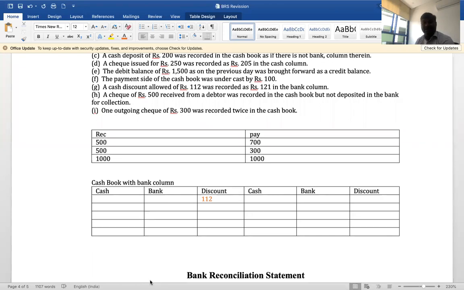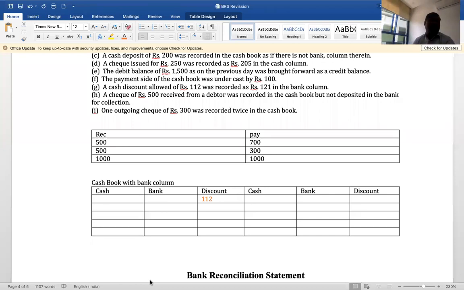That is also there. But what happened is a check of 200 was recorded in the cash book, but not in the bank column. You might have recorded it in the cash column, but not in the bank column. If it is not recorded in the bank column, as per the cash book, the bank balance is less. But as per the passbook, it is already deposited.